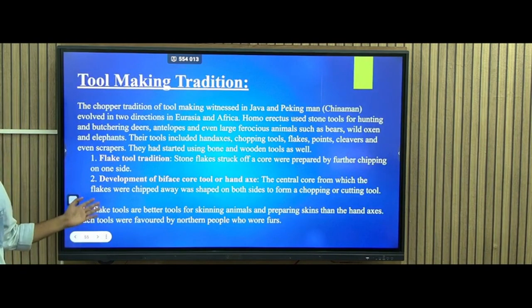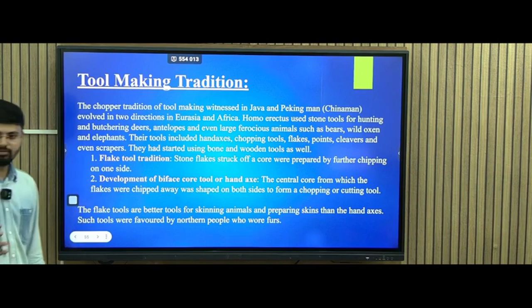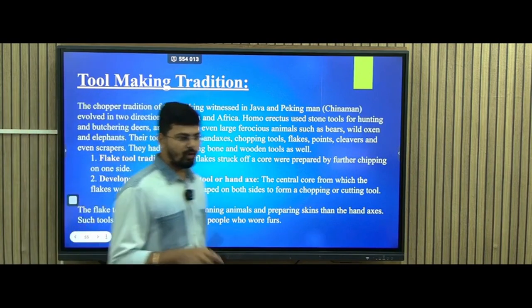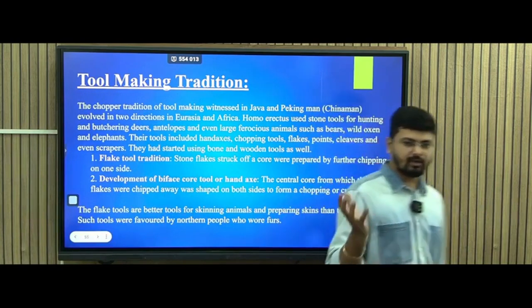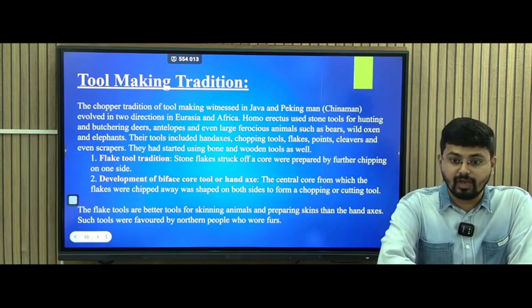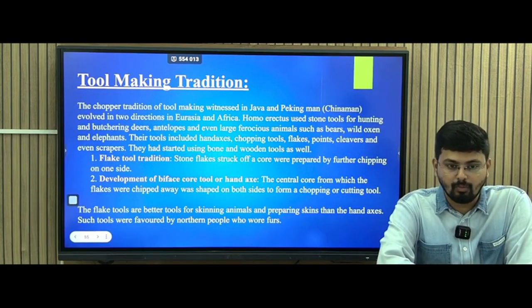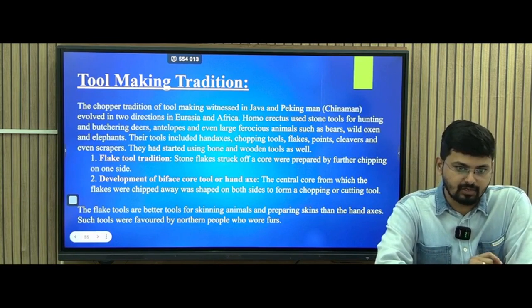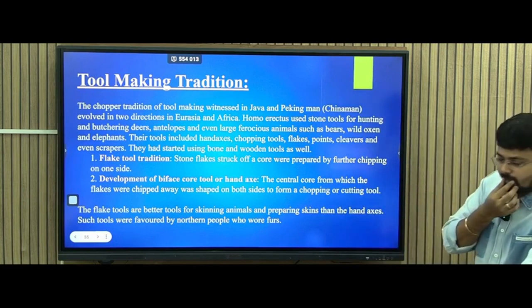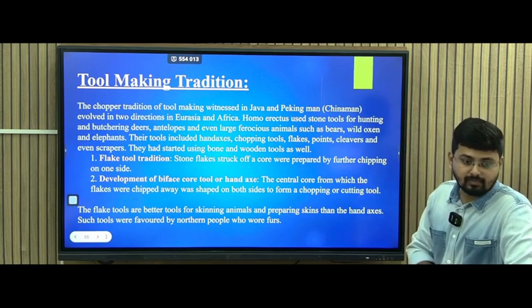Tool making, again, like I told you, first is the Oldowan tool tradition, the chopping tools which we have seen with respect to Homo habilis. Now you have hand axes.